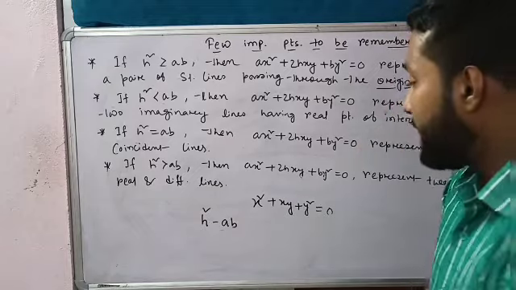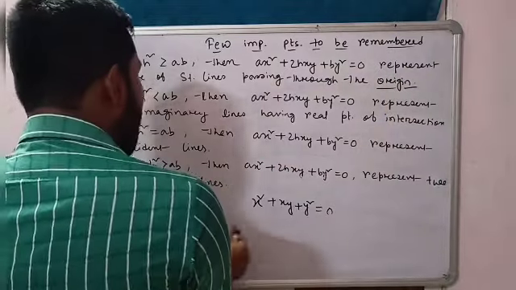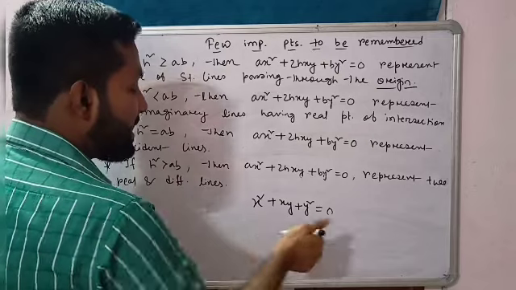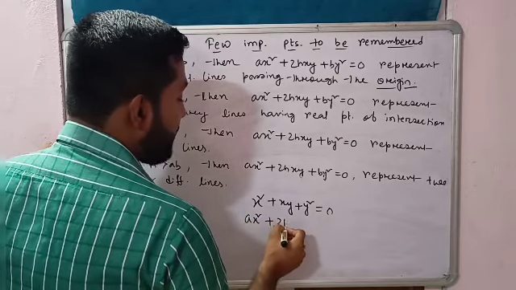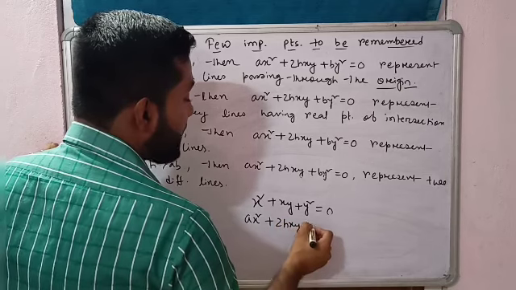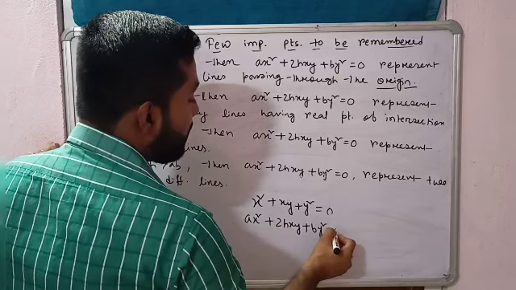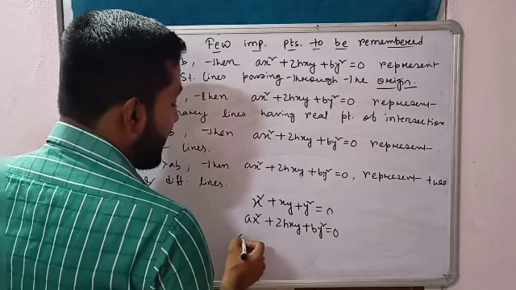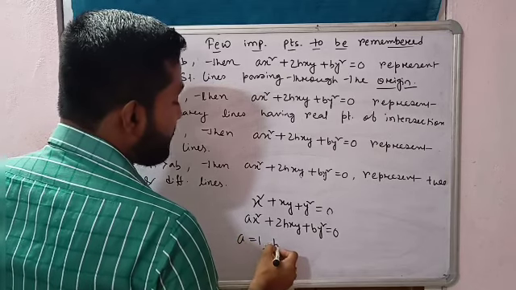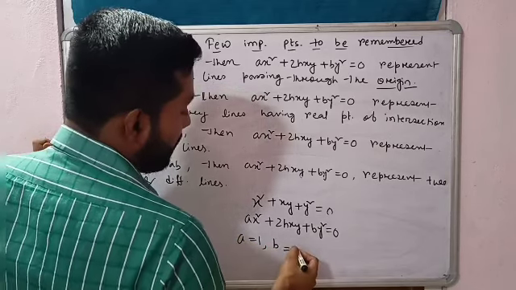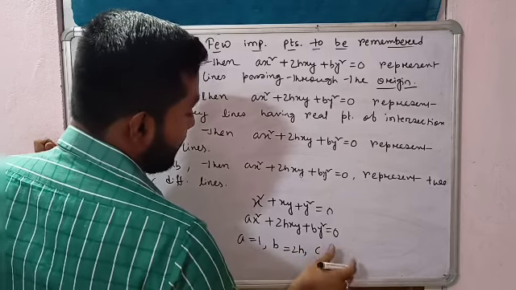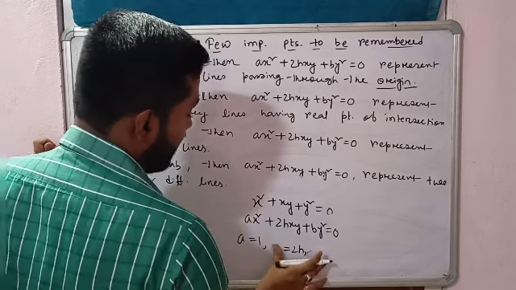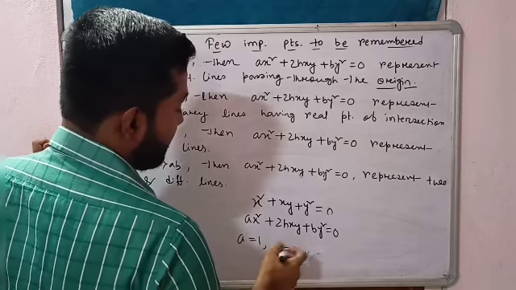Okay, so for this what you have to do, first of all you have to compare this equation with the standard form. The standard form is ax square plus 2hxy plus by square is equal to 0. So the value of a is equal to 1. What is h?